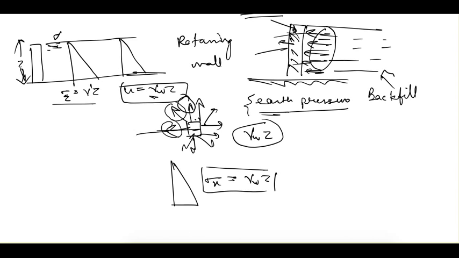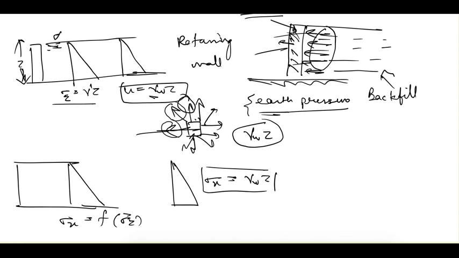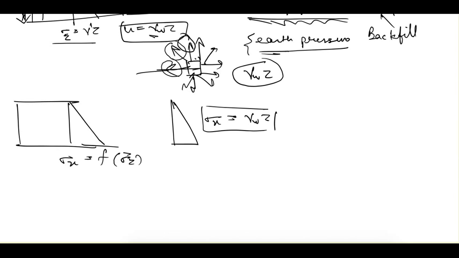Whereas if it is soil, then this horizontal stress is a function of vertical stress. It is not simply equal to vertical stress. So it can be written as a coefficient k into gamma dash into z, that is submerged unit weight. So k gamma dash into z.